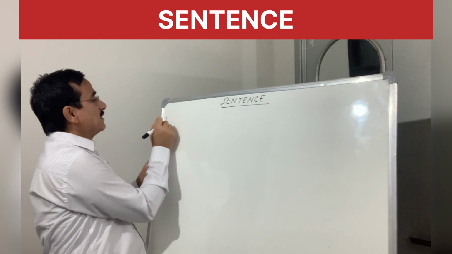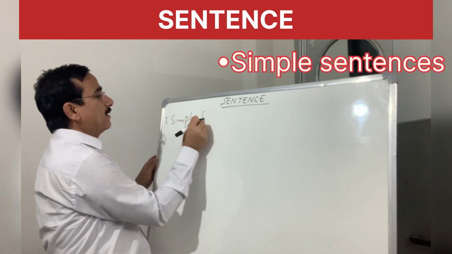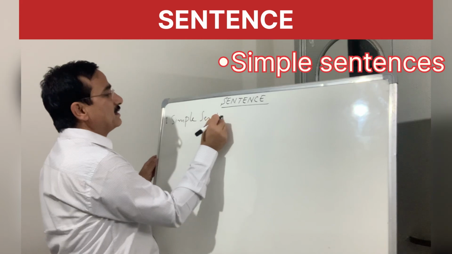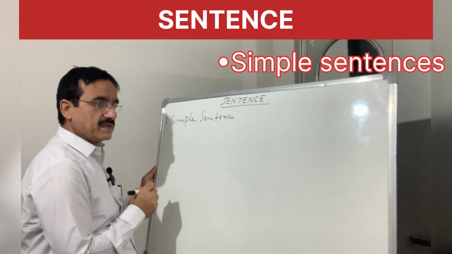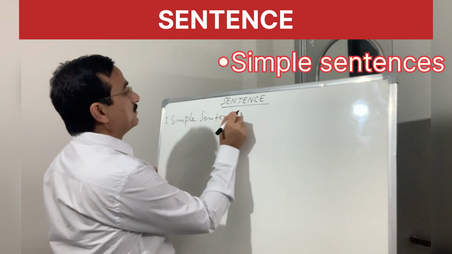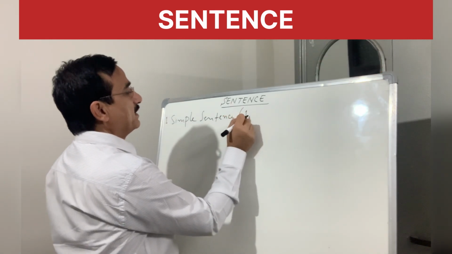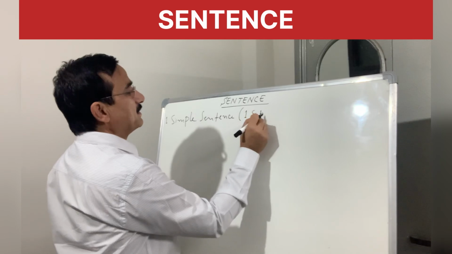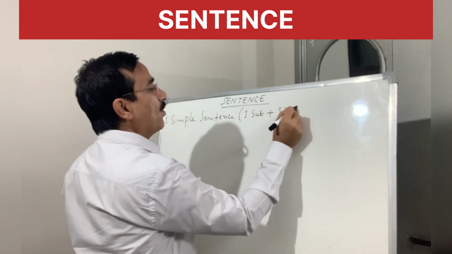First is simple sentence. A simple sentence consists of one subject plus one verb.